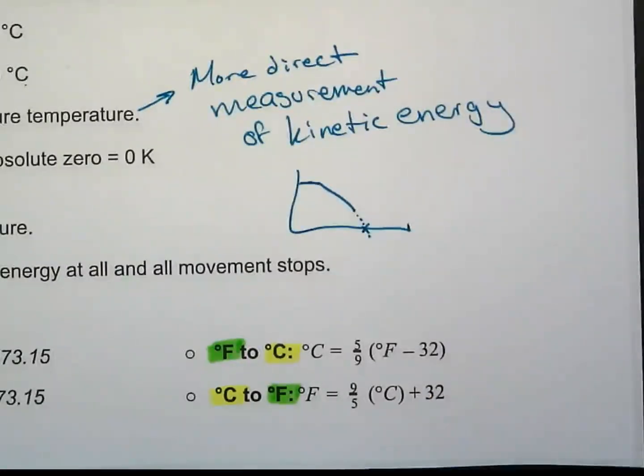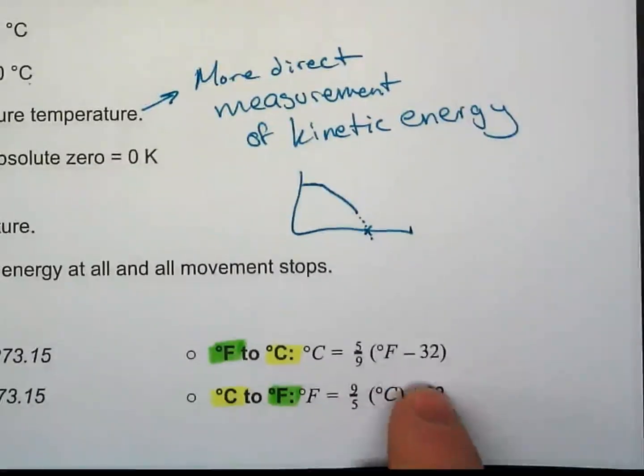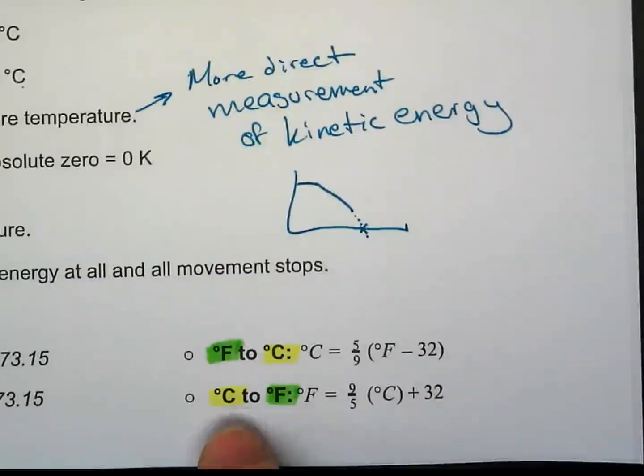I know that the melting point of water is 32 degrees in Fahrenheit, but it's 0 degrees in Celsius. So I know that Fahrenheit is typically going to be larger than Celsius, so I'm using way smaller numbers and subtracting 32 when going from Fahrenheit to Celsius. And then if I'm going from Celsius to Fahrenheit, it's just the opposite.